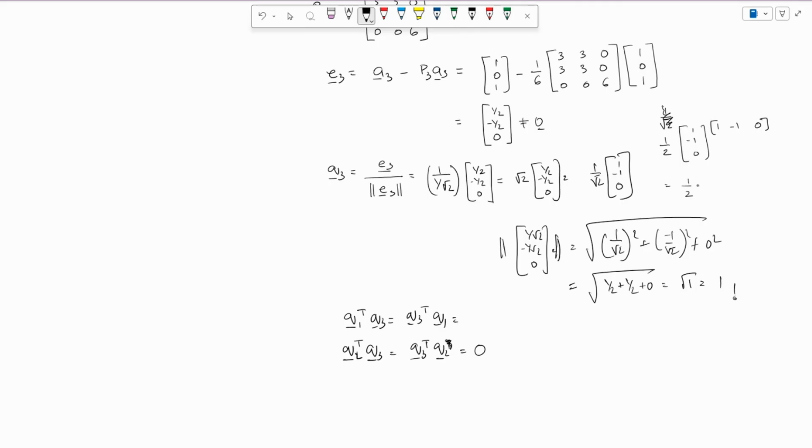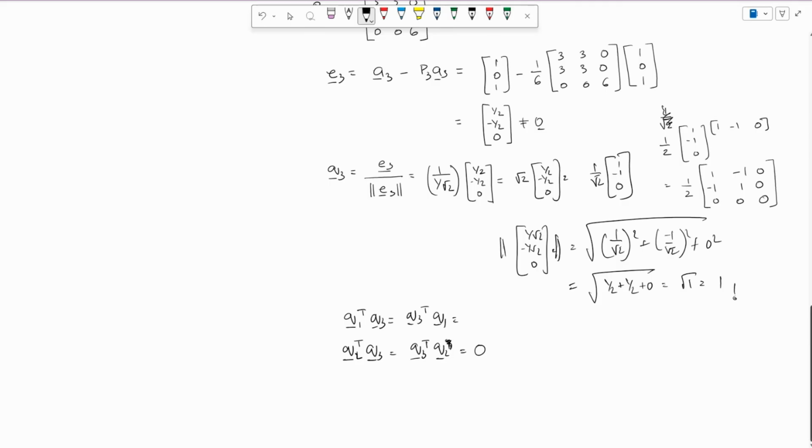It'll be half, with rows 1, minus 1, 0, then minus 1, 1, 0. This will be minus 1, this will be plus 1. So that's Q3 Q3 transpose.